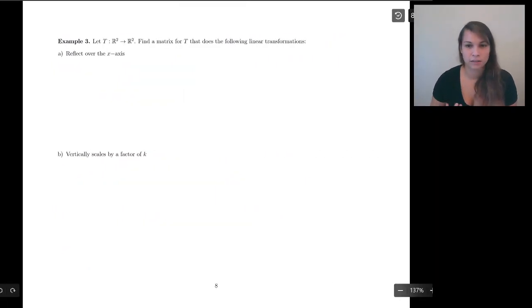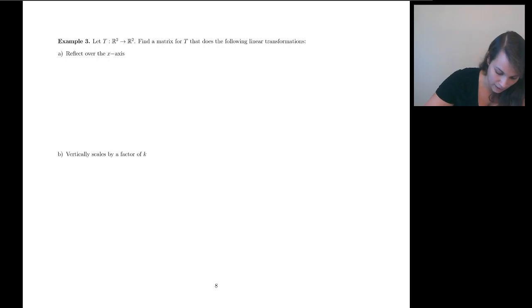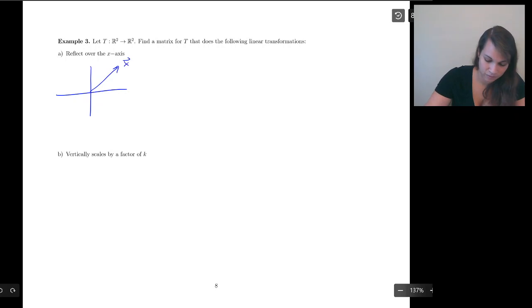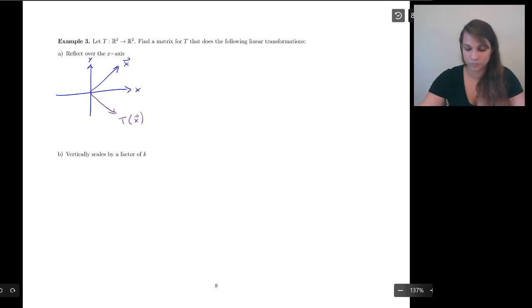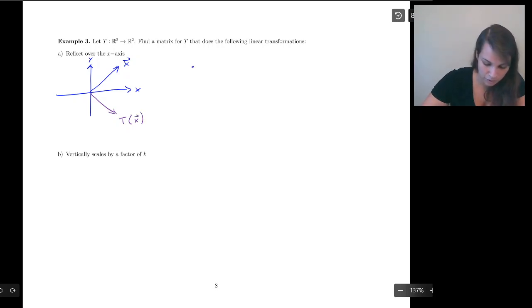Some more examples. These examples are going to be in R2. We're going to map from R2 to R2. For instance, we are going to reflect over the x-axis. So let's say we have this vector x. That means T of x is going to be down here. There we go. So what happened to the x component? It stayed the same.